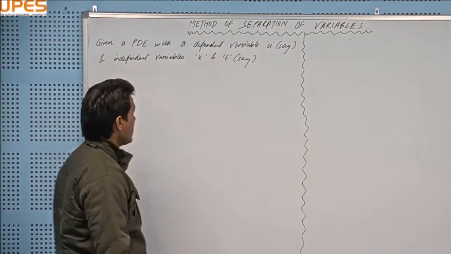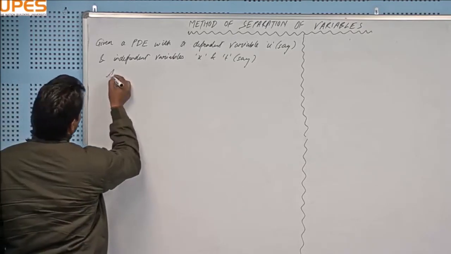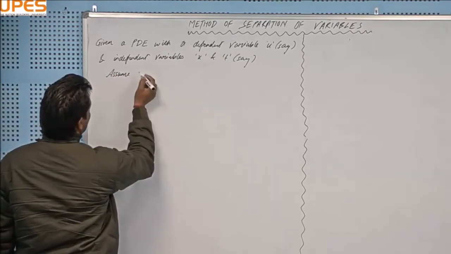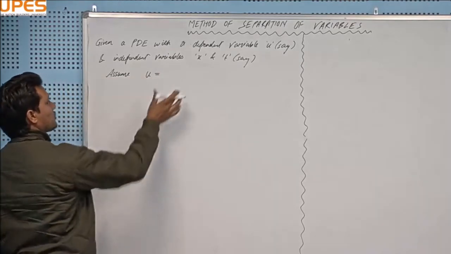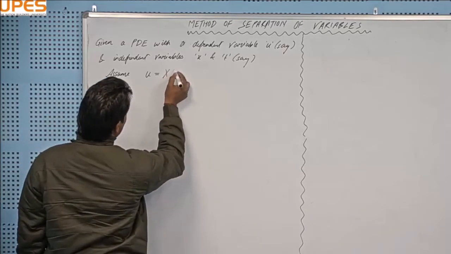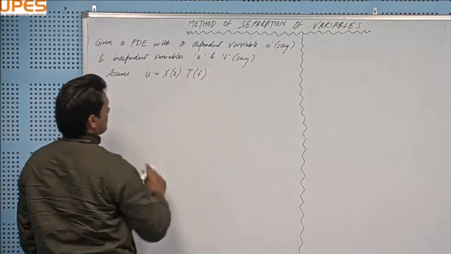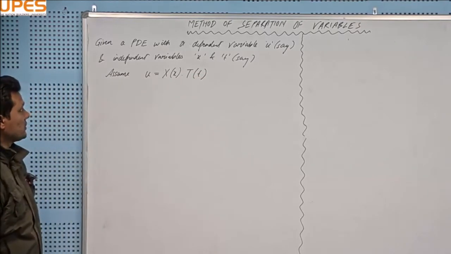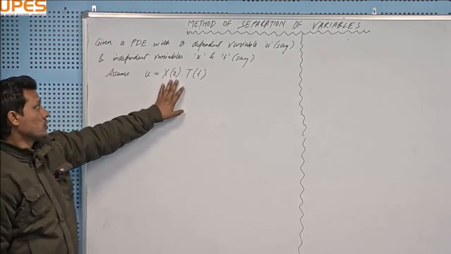Then the method says that assume the solution u as a product of two functions, capital X function of x and capital T function of t. Means you will be assuming the solution of this form, that is a product of two functions.